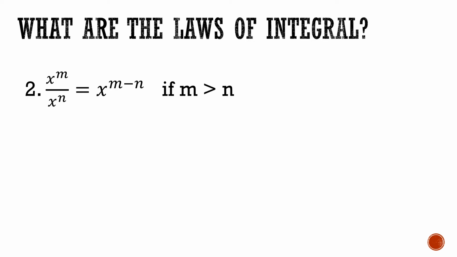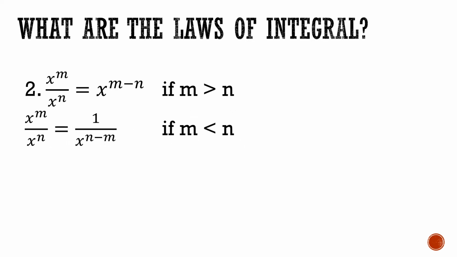So if the exponent in the numerator is greater than the exponent in the denominator, we simply copy the base and subtract the two given exponents. But if m is less than n, meaning the exponent of the numerator is less than the exponent of the denominator, then we will have 1 over x raised to n minus m.